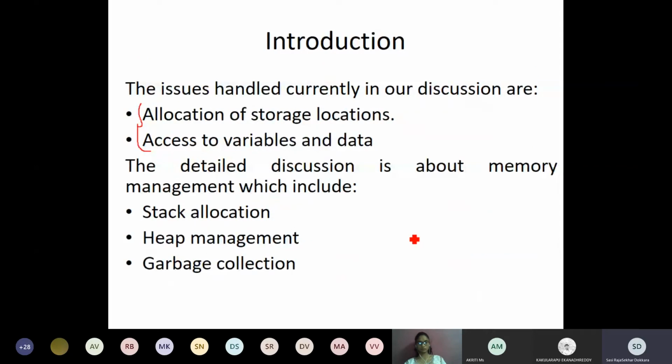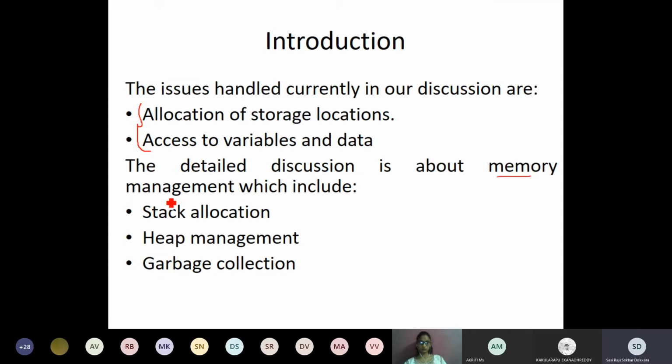And most importantly, it's more about storage allocation, how we allocate storage. And when I say it is about storage allocation, it's all about memory management, how we manage memory.